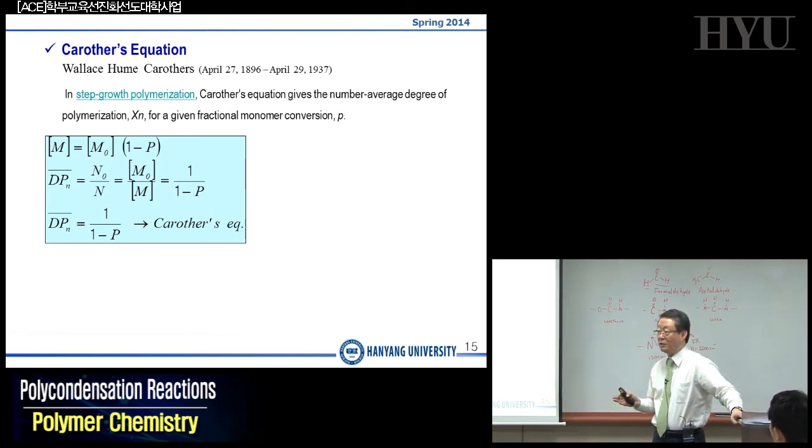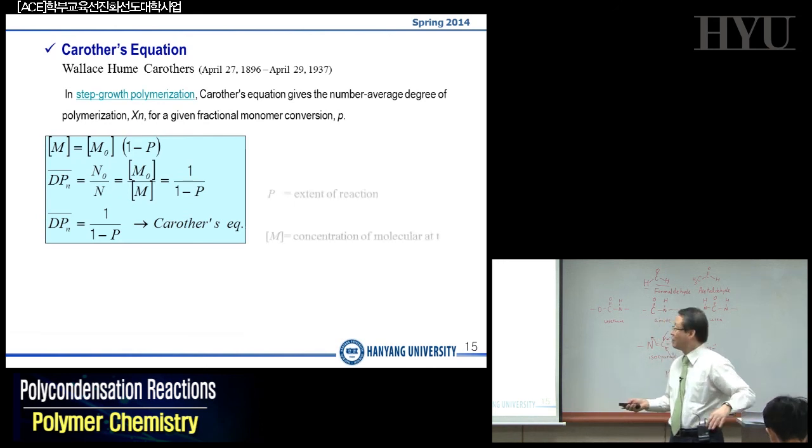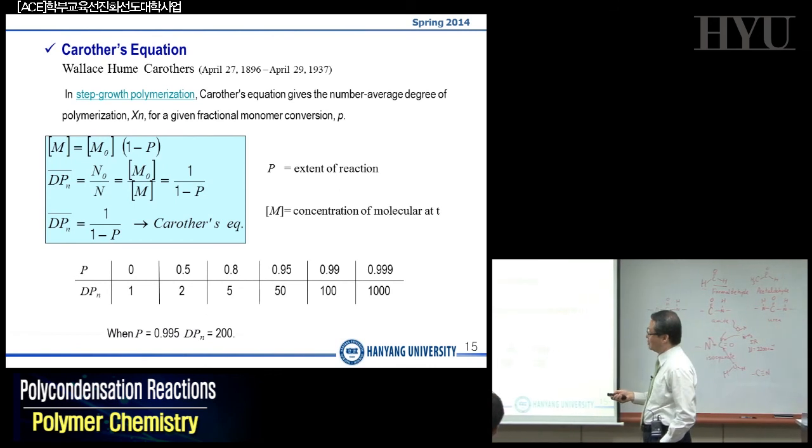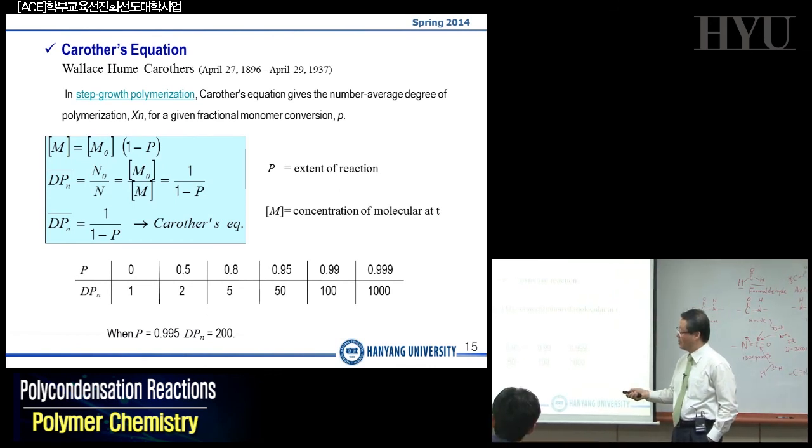So if you know the extent of reaction, you can calculate the degree of polymerization, or number of repeating units, in this case. So this is called the Carothers equation. Now we can take a look at the extent of reaction. Assuming that you have 0, DPn is equal to 1, meaning that you only have monomer.